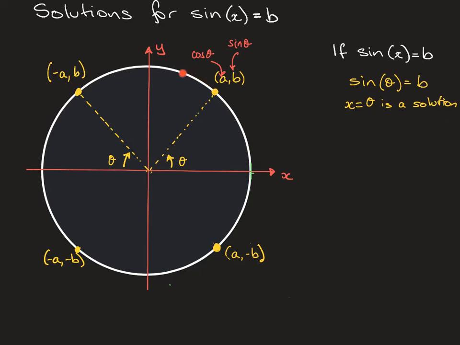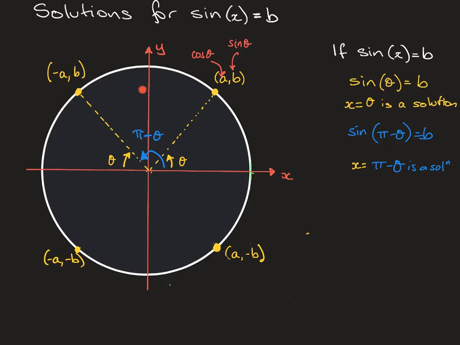But we also have around the circle this second angle here, which is theta back from pi. So what we're measuring is this angle this way, which is the angle of pi minus theta. That's another one of our solutions. We know that sine of pi minus theta is equal to b, and so therefore pi minus theta is a solution.